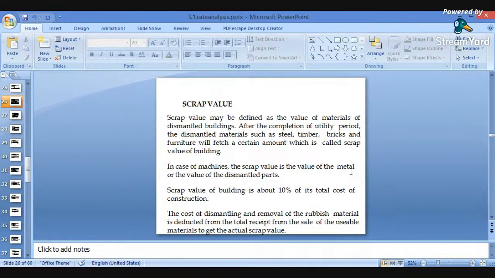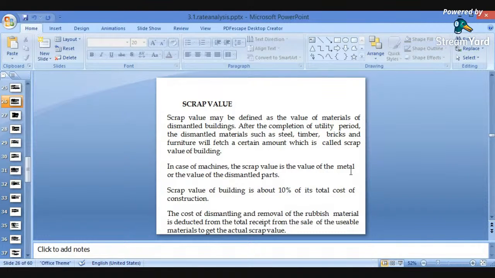When the life of the building has been completed, we demolish the structure. After demolition, there may be demolished materials in the form of timber, steel, or various other materials that can be reused for construction. The value of that dismantled material is called the scrap value.